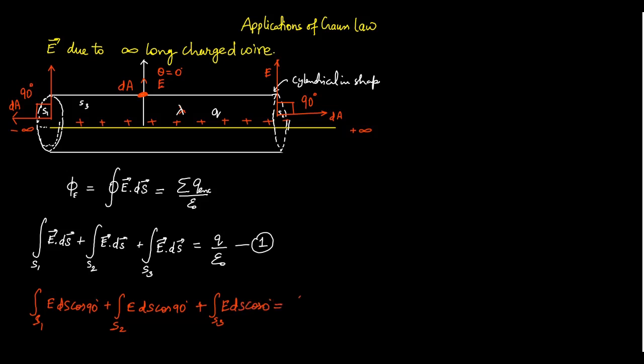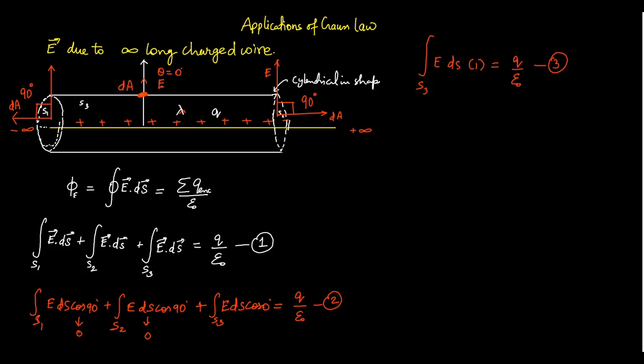Now Q enclosed, still I am writing as it is Q. Now here the last term will be responsible for the flux. First two terms will be giving 0 electric flux. So for S3 surface, this is E ds cos 0, value 1, and this is Q by epsilon naught.